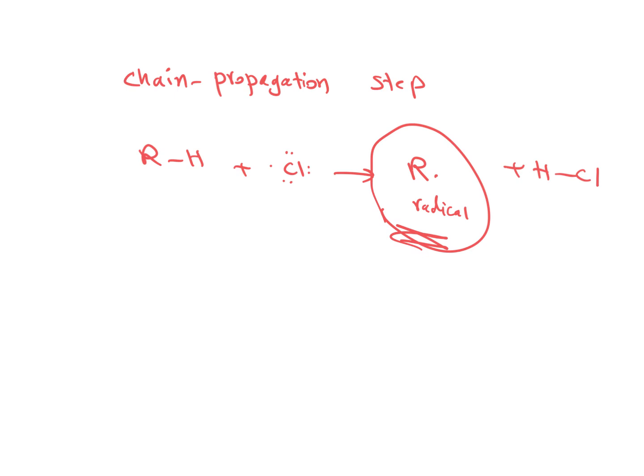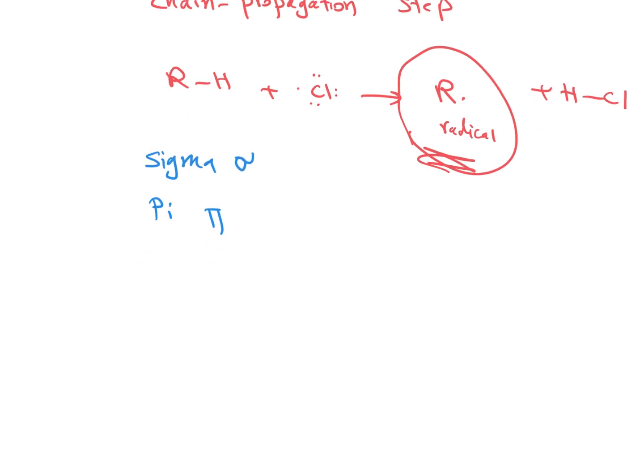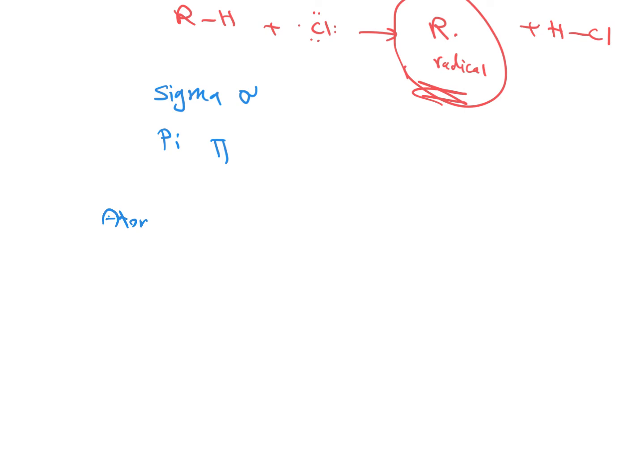But one thing that was in your exam 2 and quiz 3, and I went back to chapter 1 to review them, is sigma and pi bonds. So this is sigma, this is pi. When we have the electron configuration, when we have atoms, we have atomic orbitals, S, P, D. Remember, we were writing 1s2, 2s2, 2p6, and so on.